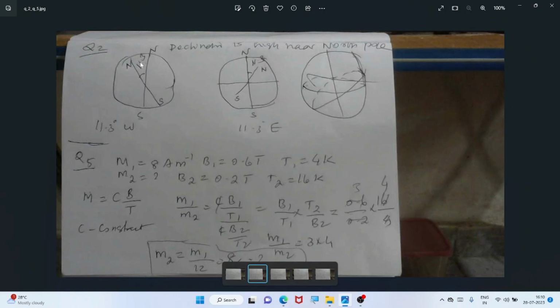This is the declination angle. This is the geographical north, and this is the magnetic north and south poles. This makes the angle 11.3 degrees. The magnetic dipole may also be tilted like this. So it is 11.3 degrees west, and this will be 11.3 degrees east.